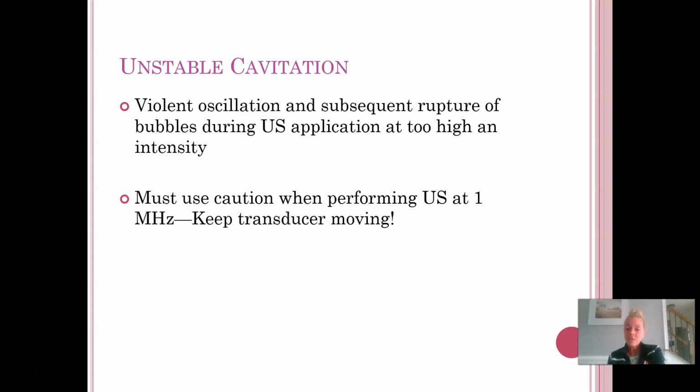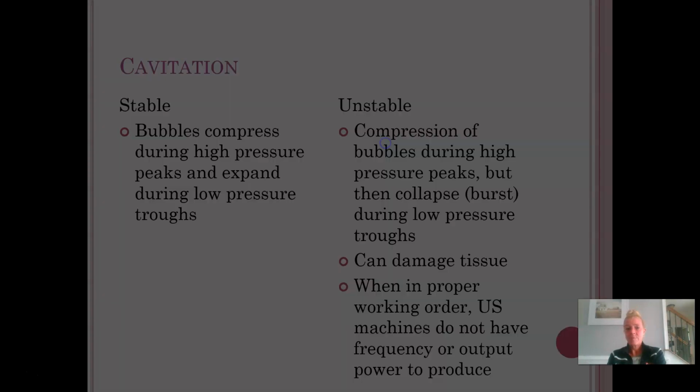As long as your machine's in proper working order and you're not using really high intensities, you should be just fine. Another thing is to just keep your transducer head moving. That's really important during an ultrasound treatment. As long as you're moving at a moderate pace, you're not using really high intensities, and your machine's properly inspected and working, you shouldn't have to worry about any type of tissue damage.